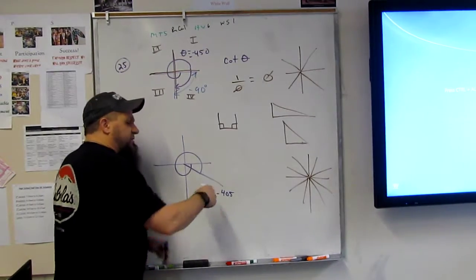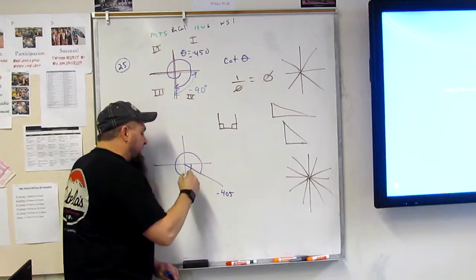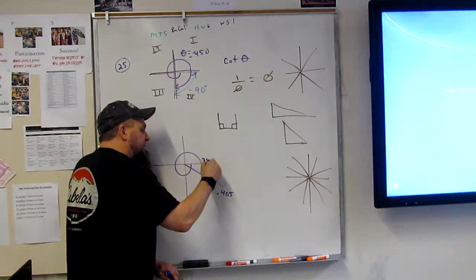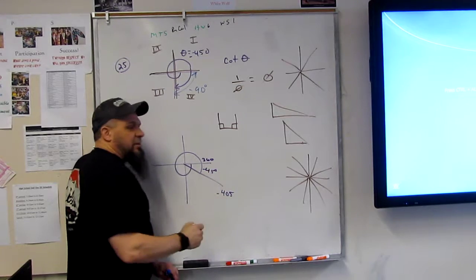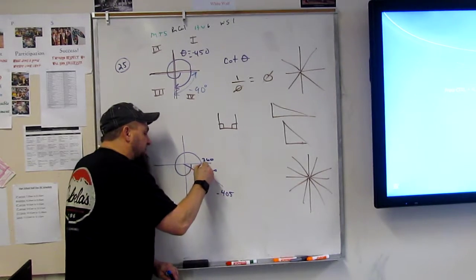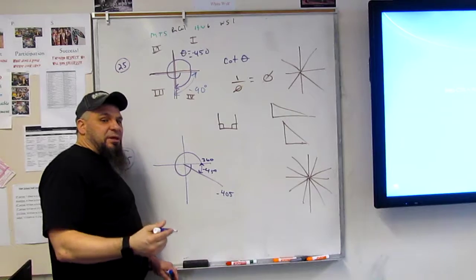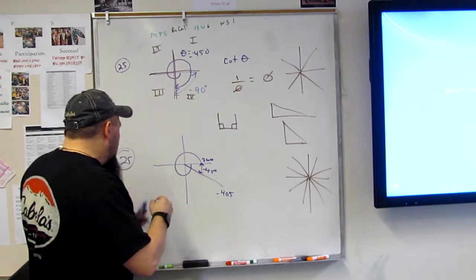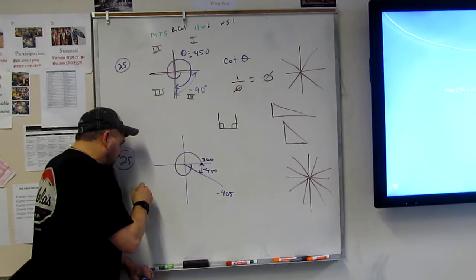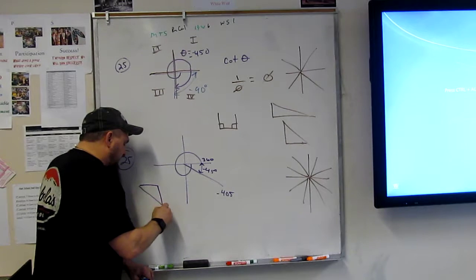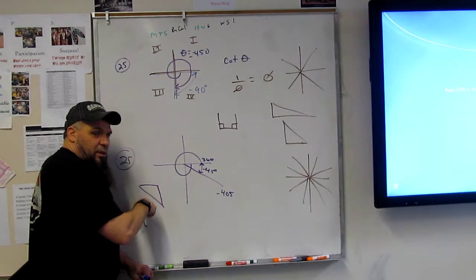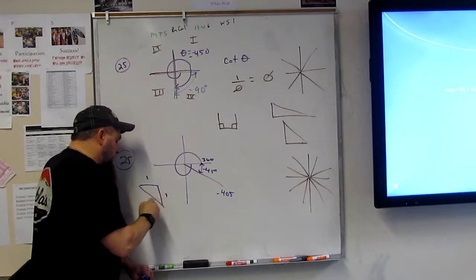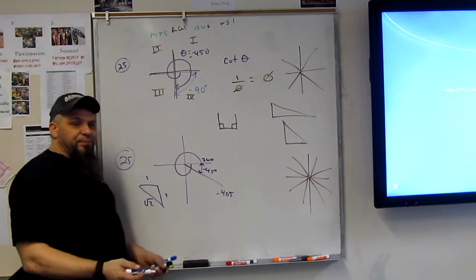When we talk about this negative 405, it's going around 360, and then it goes down another 45 degrees, right? So the reference angle is 45 degrees. So we're going to use a 45-45 triangle. And we already know that that's a 1, 1, and square root 2, right?